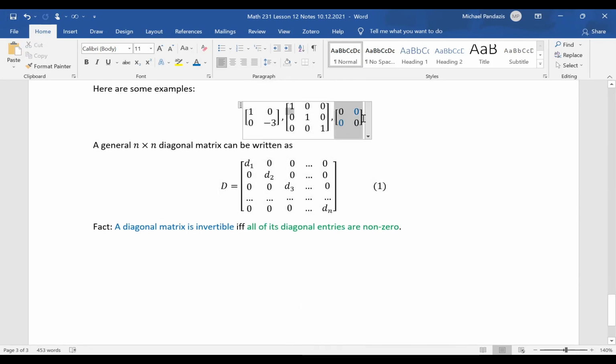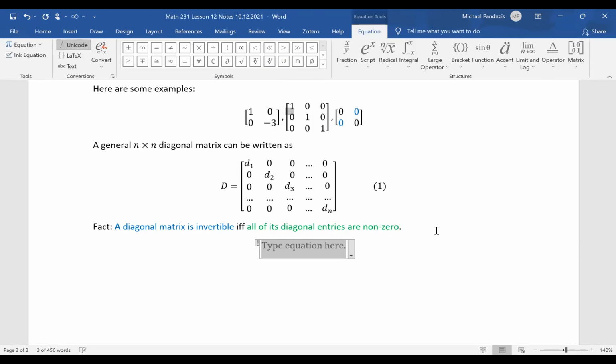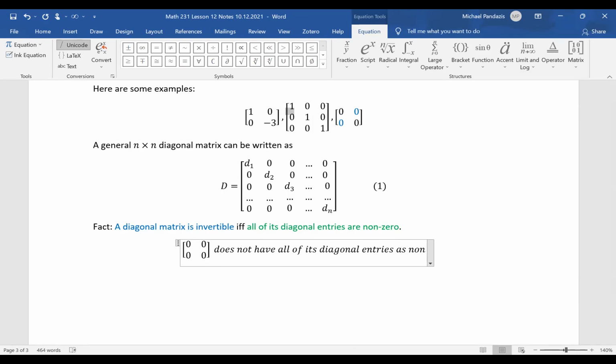So this matrix, for instance, this zero matrix, right? If you looked at the zero matrix, this matrix does not have all of its diagonal entries as non-zero numbers.